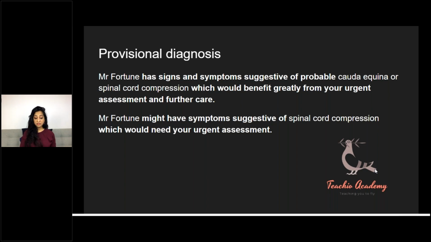Or: Mr. Fortune has symptoms, not suggestive of, so we'll cut the suggestive, Mr. Fortune has symptoms of recurrent back pain, which would benefit from your assessment and further care.